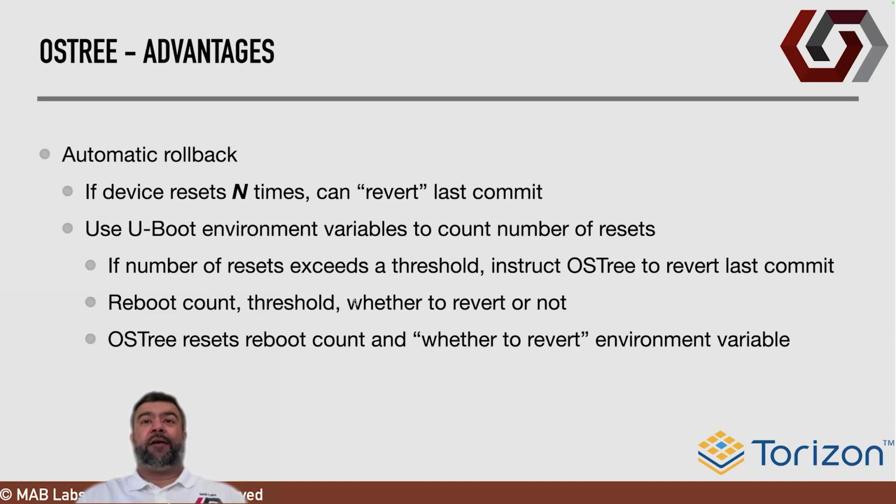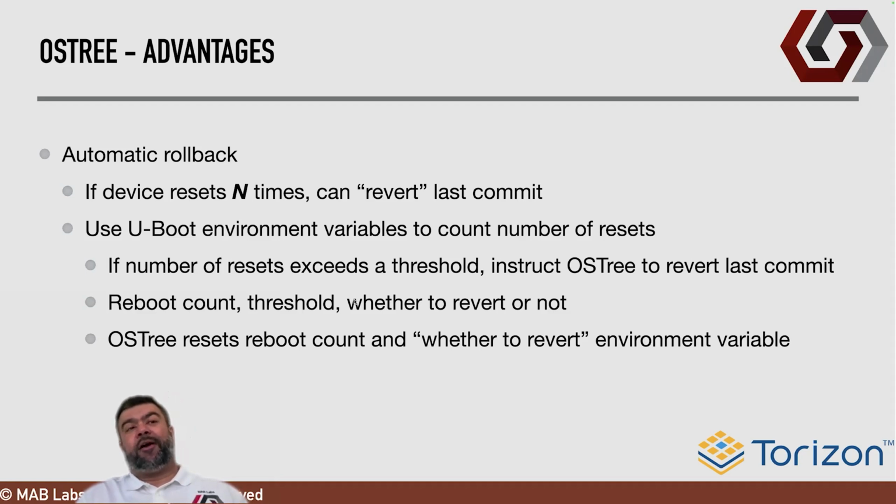You have an environment variable to count the number of resets, and if the number of resets exceeds a particular threshold, OSTree is instructed by the bootloader, U-boot, to revert to the last commit. Some of the U-boot environment variables that interact with OSTree are reboot count, threshold, and whether or not we want to revert.